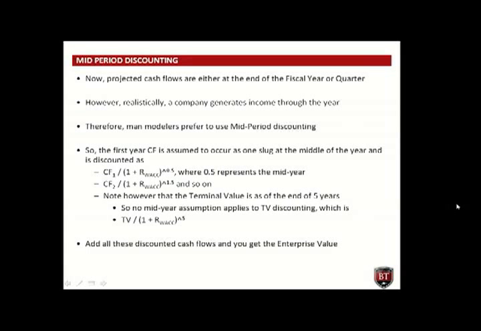So what you'd apply in terms of a discount factor to the terminal value is, in the denominator, 1 plus the weighted average cost of capital raised to the power of 5 in our example. Once you add the discounted values of cash flows 1, 2, 3, 4, 5, and the terminal value, and sum them up, you get the enterprise value for the company that you're working on.